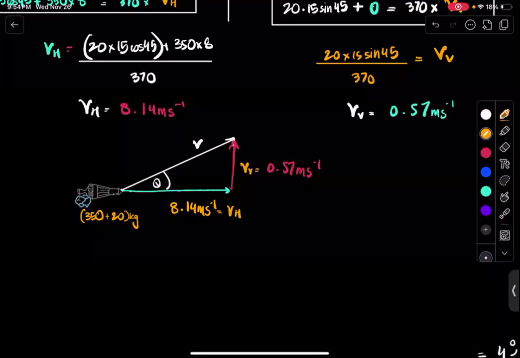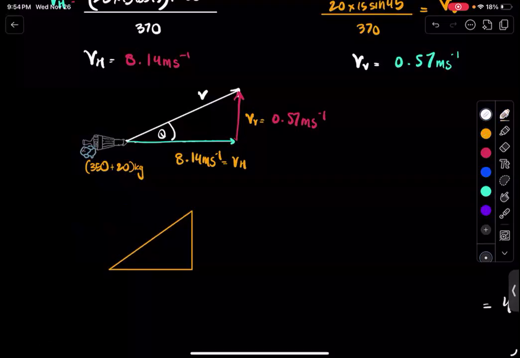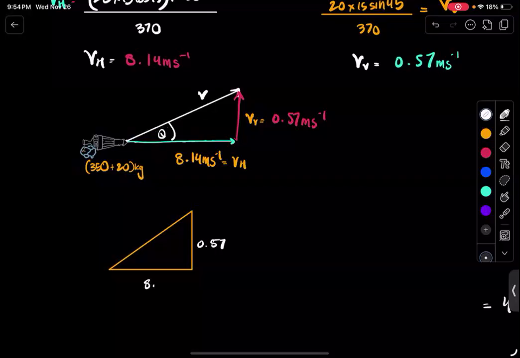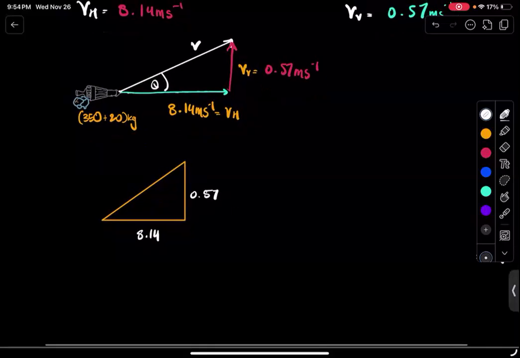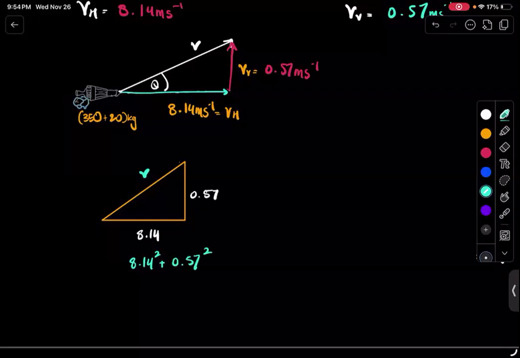Now, if you have a right triangle, can't we just use Pythagoras to find out the resultant? Can we find out the length of this vector? Yes, we can. If this is 0.57, this is 8.14. We can easily use Pythagoras to find out the resultant velocity. So that is going to be 8.14 squared plus 0.57 squared equal to V, with the square root.